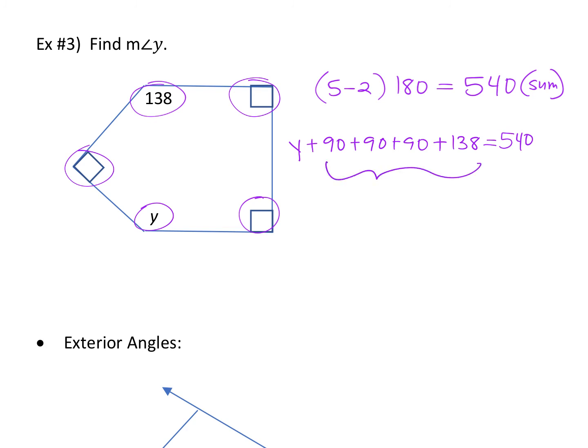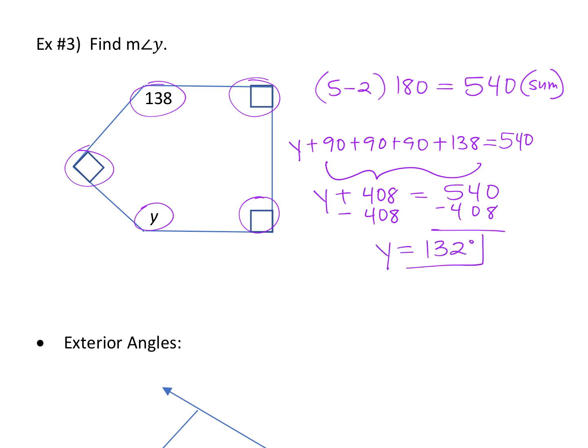What does that come out to? 408. Okay, so Y plus 408 equals 540, and take away that 408. So I get Y is 132 degrees. Okay, questions on that?